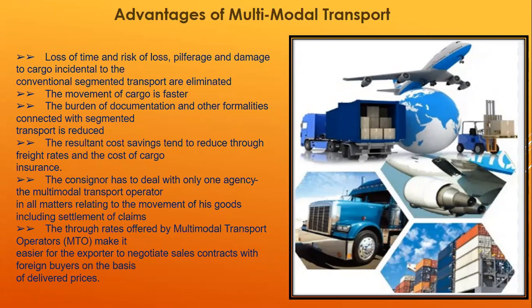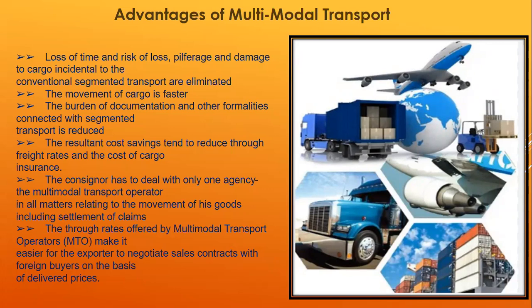You just hand over the cargo to the agent and they will deliver it, so there is no need to waste time. There is no risk of damage, because the service provider will take responsibility for moving the goods from your factory to the destination.